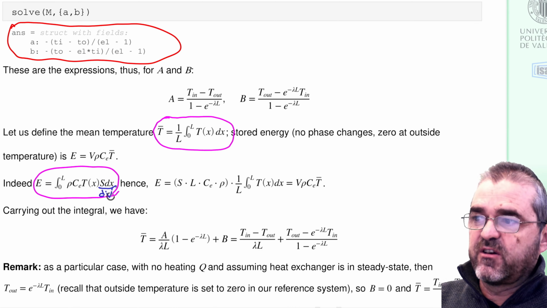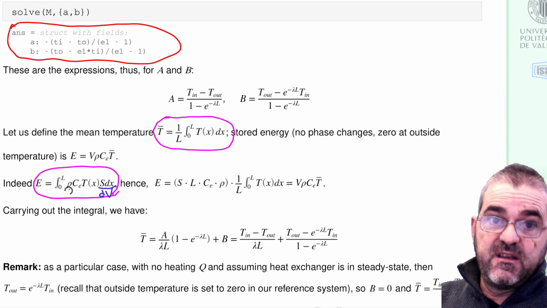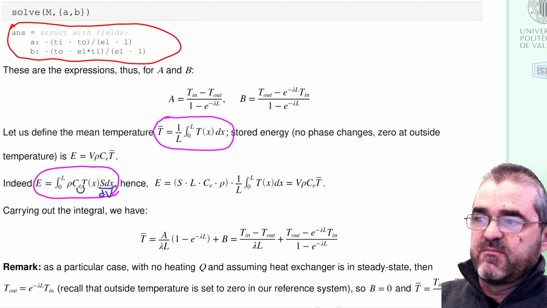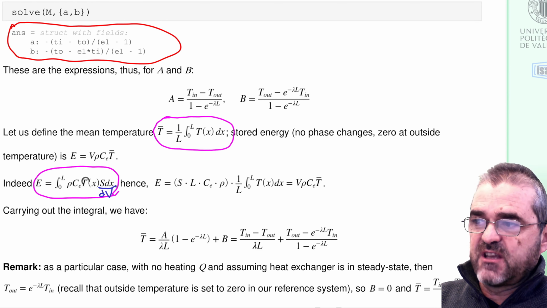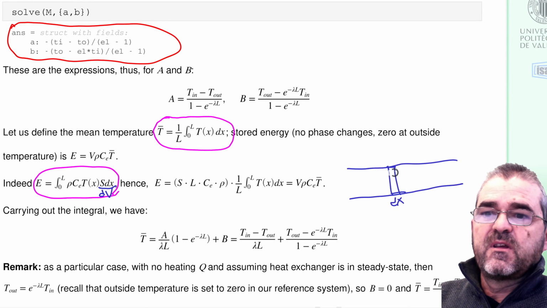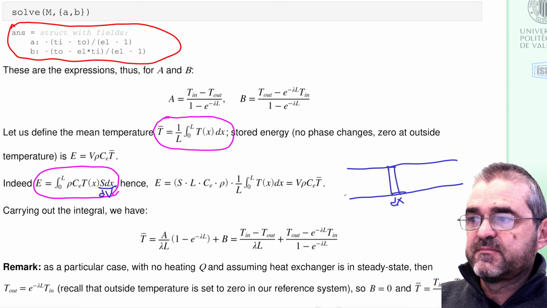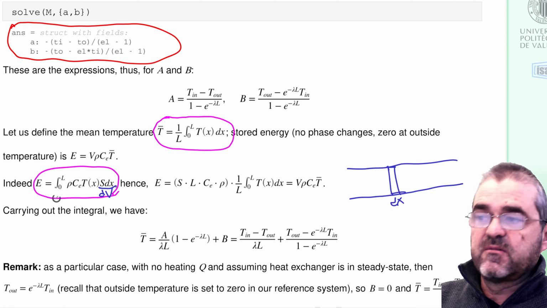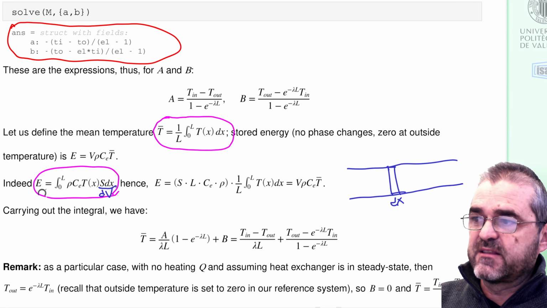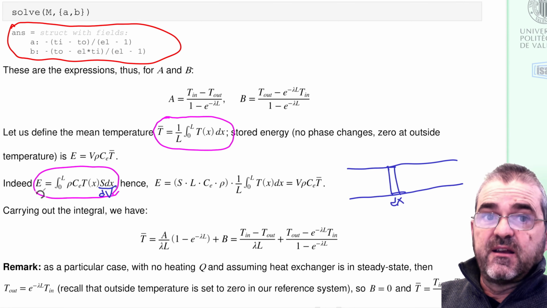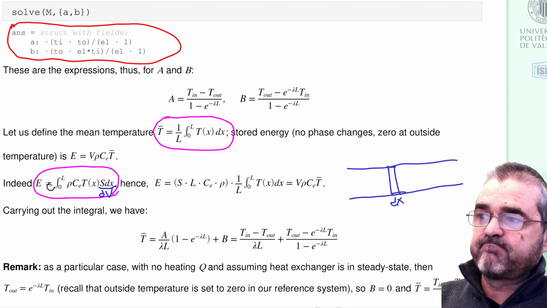This infinitesimal volume times density will be infinitesimal mass, times specific heat, times temperature. We'll get the stored energy in a slice of the pipe, and of course integrating that over all the length, we will get the total thermal energy of the fluid.